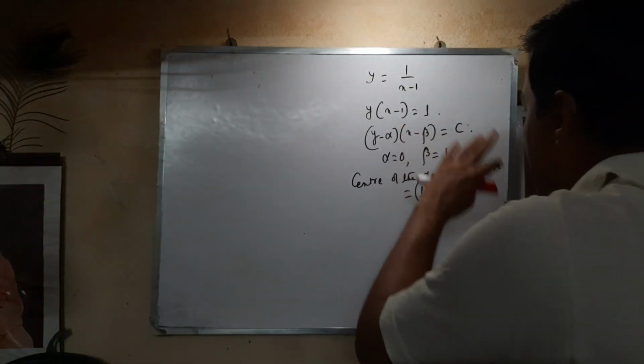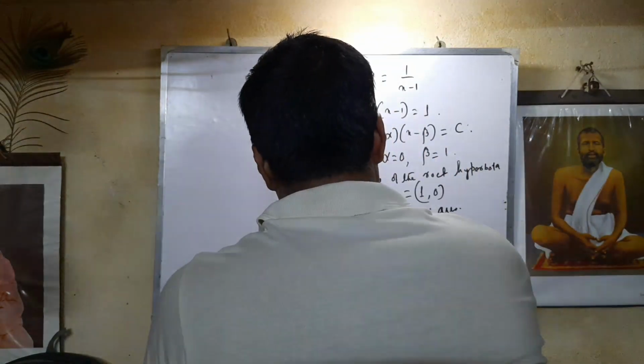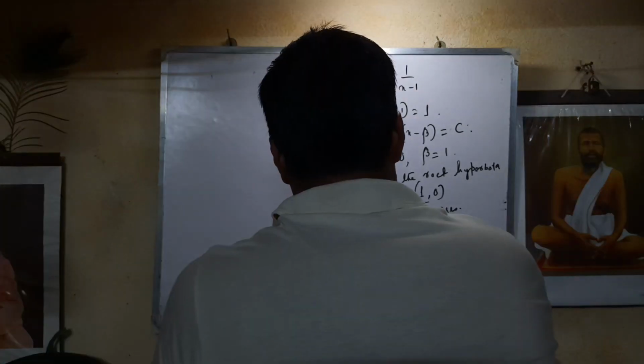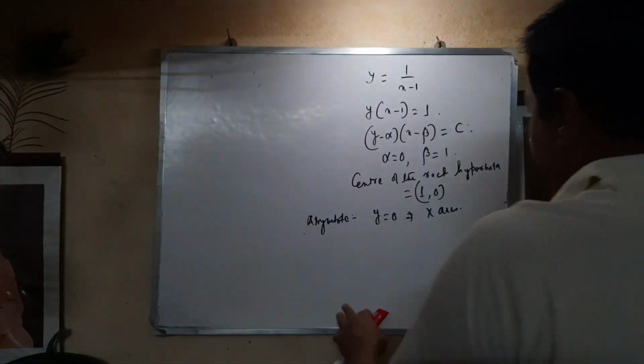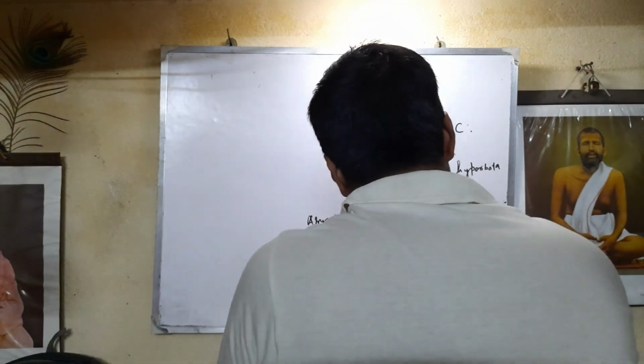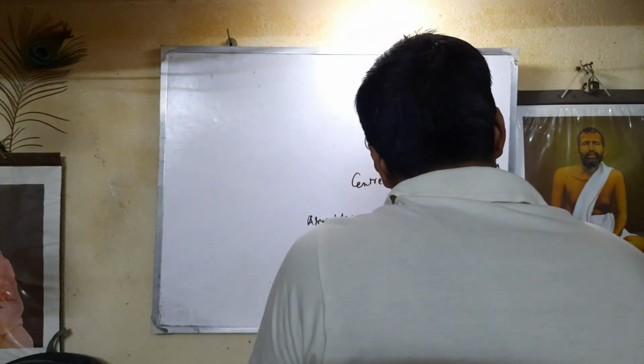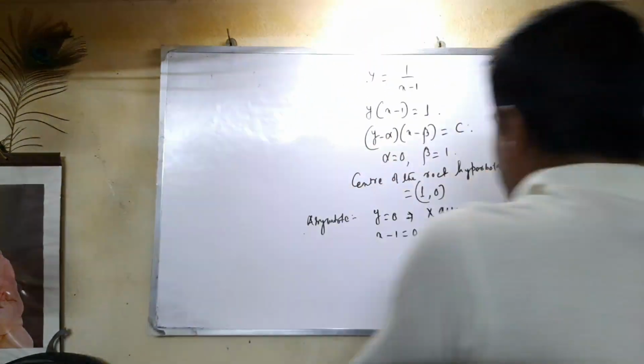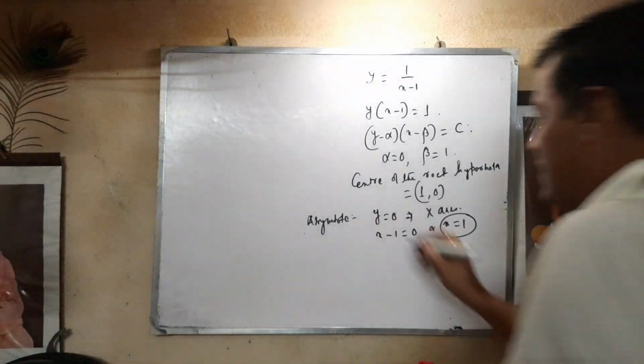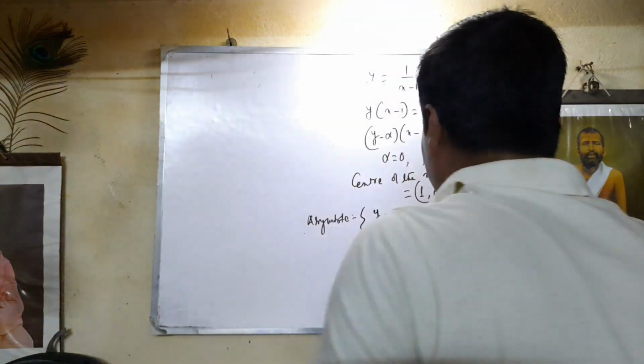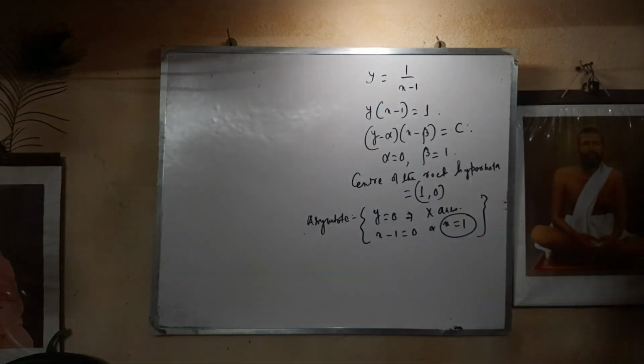Now the asymptotes to this hyperbola will be y equal to 0, that is x axis, and another asymptote will be x minus 1 equal to 0 or x equal to 1. This is a straight line parallel to y axis. These two are the corresponding asymptotes. Now let us draw this type of graph.